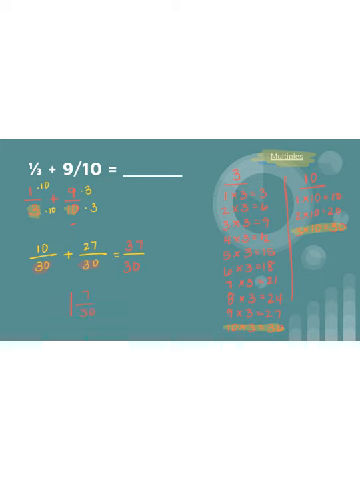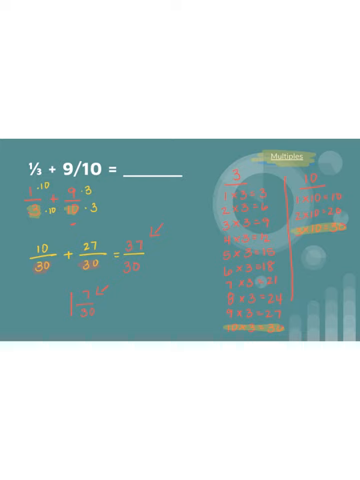So this 37 thirtieths is equal to 1 and 7 thirtieths if we want to change it so it's not an improper fraction. I definitely want you to be able to get to this part. If you struggle to get to this part, that's fine.